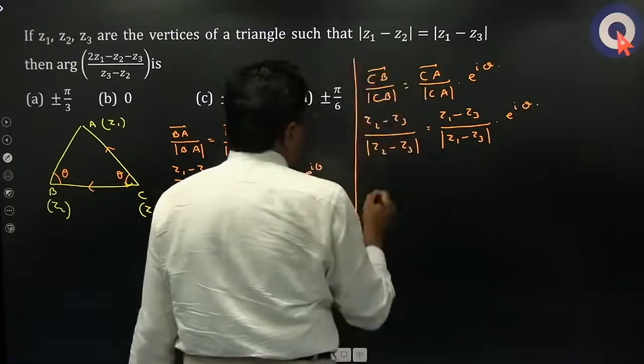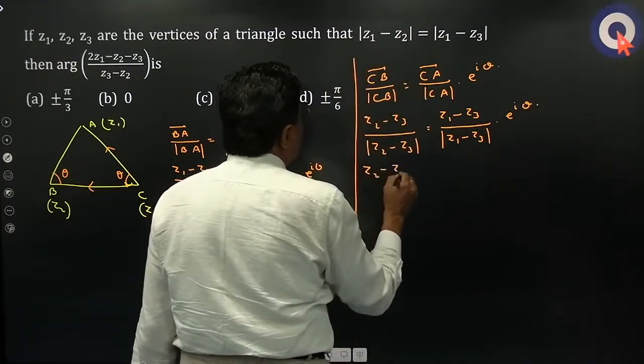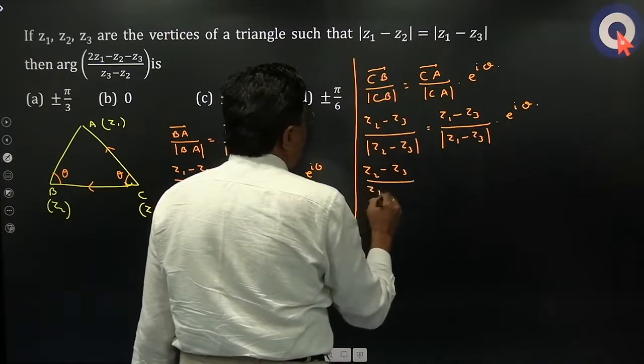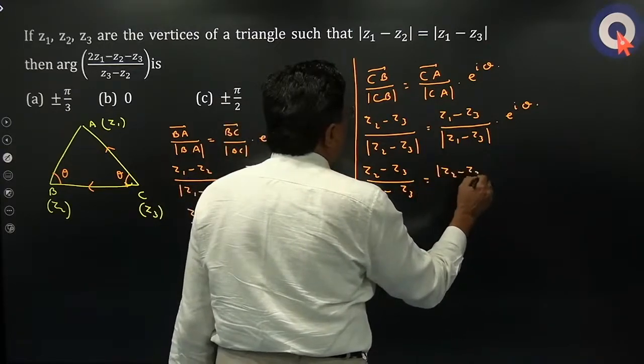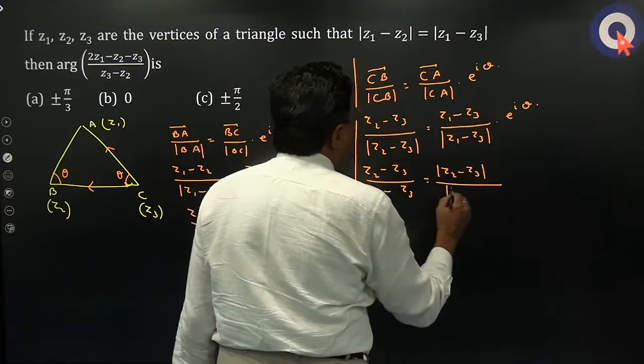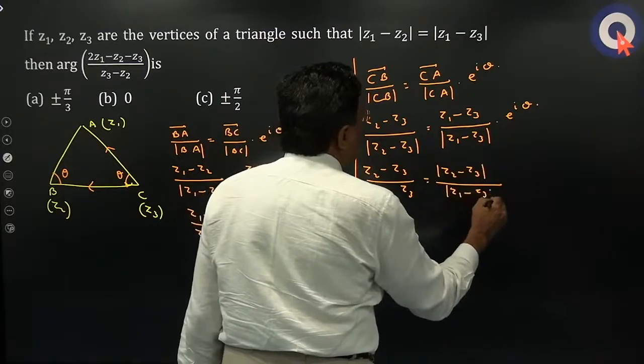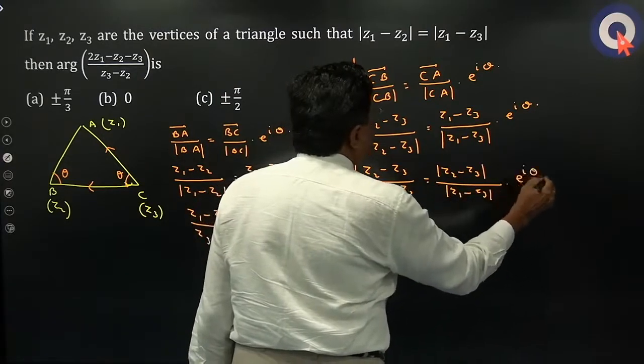So this becomes Z2 minus Z3 by Z1 minus Z3 is equal to mod Z2 minus Z3 by mod Z1 minus Z3 into e power i theta.